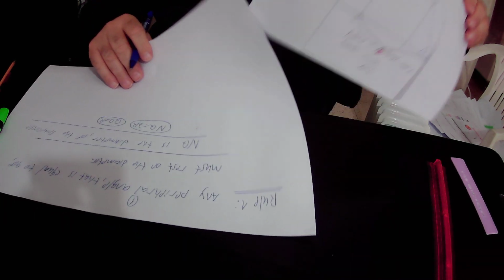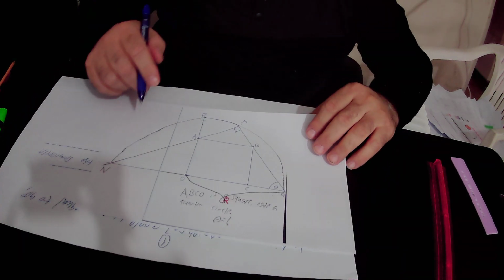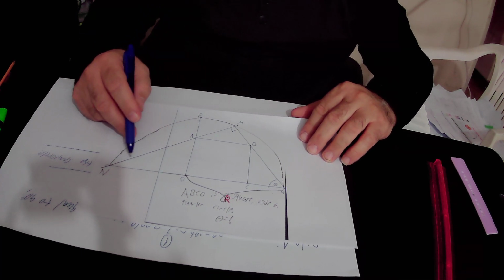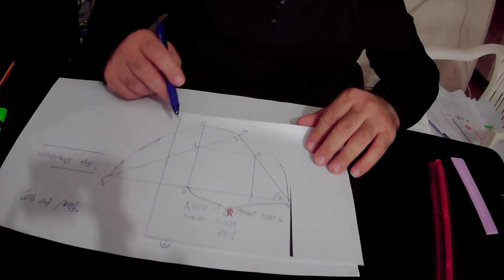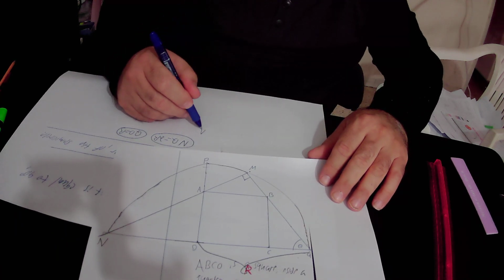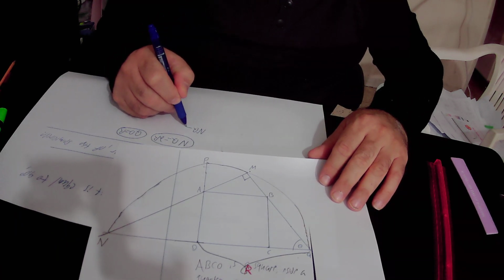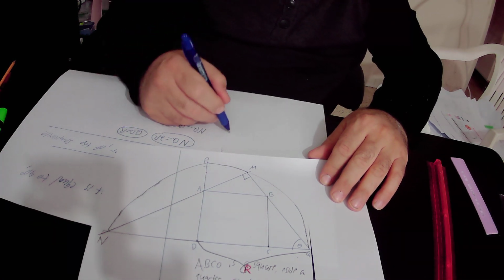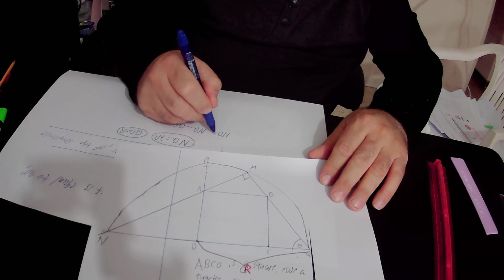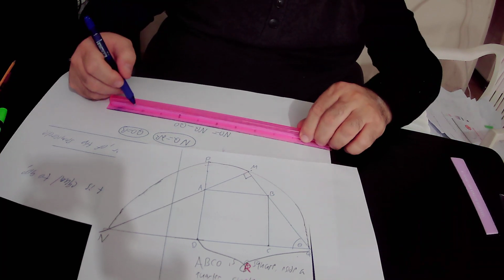Therefore, what is the value of line segment NO? From the drawing you can see that the value of line segment NO is equal to NQ minus QO. I'll repeat again.